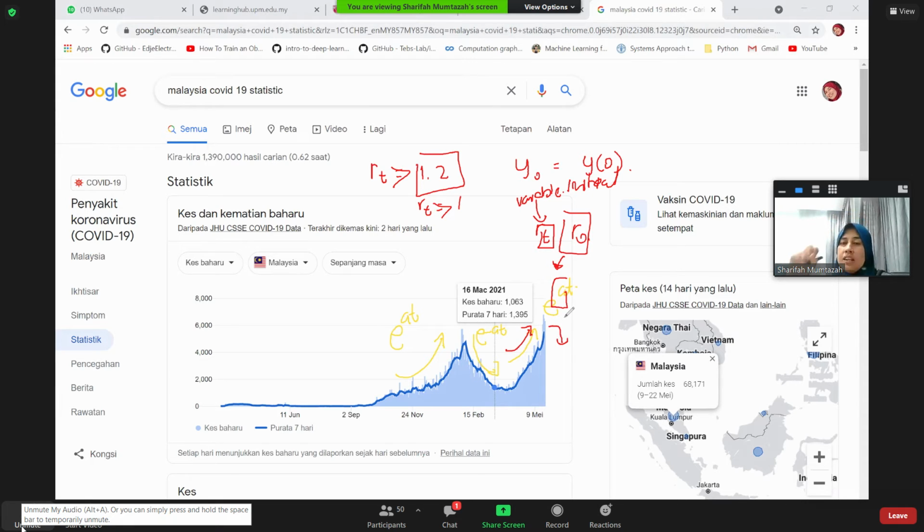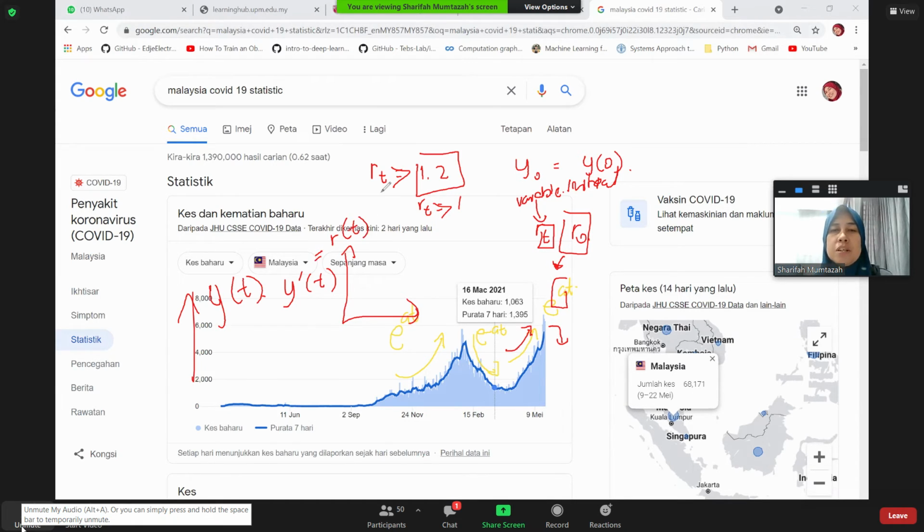Now, if you tengok, katakanlah you call this as y(t). This is your y(t). Okay. So you can assume that you have another y prime(t), which is the differentiation, which is equivalent to R(t) itself.